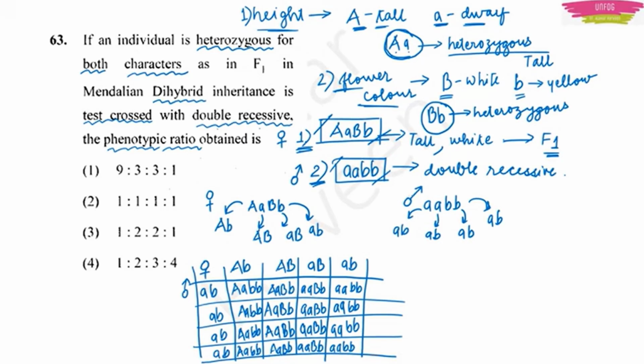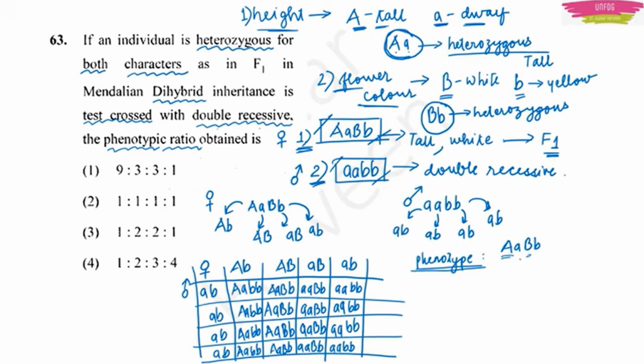Now let's write down the phenotype. What all are we observing here? What type of plants, what type of progeny are we getting here? So in phenotype, we can see that there is a capital A, capital B, small b. Now we have the dominant characters here, so they'll dominate the recessive character.